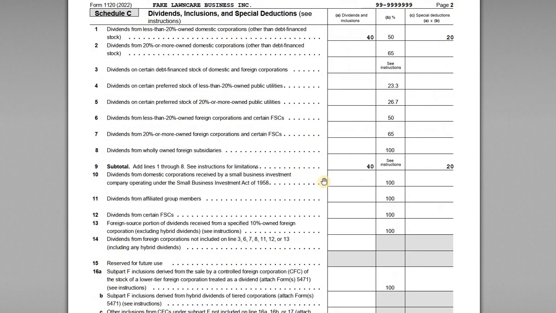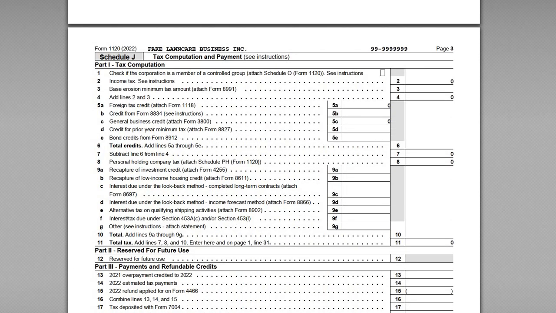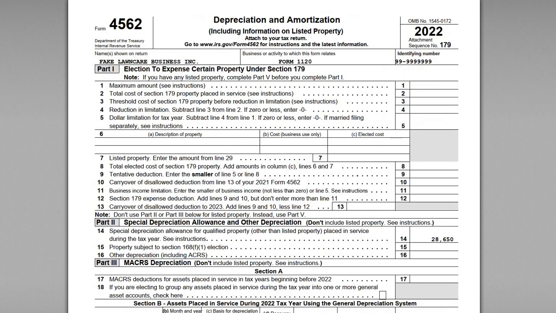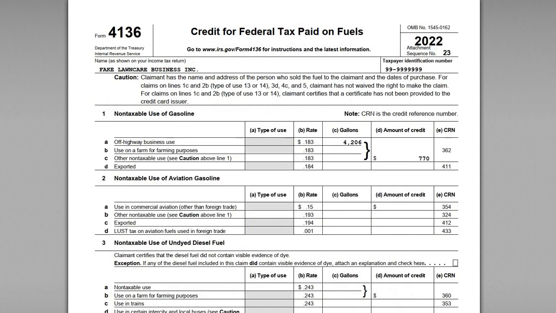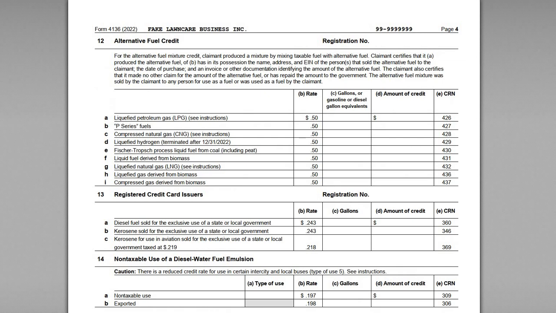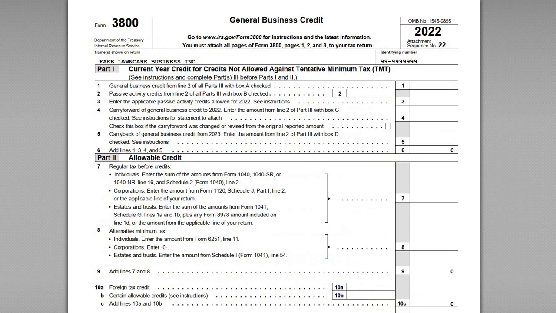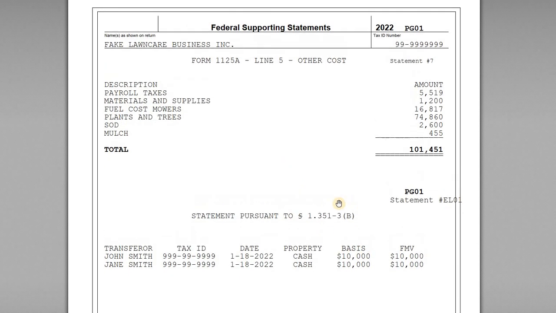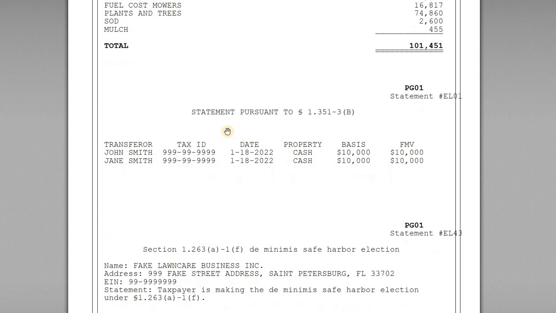All right, so next I want to talk about the Section 351 statements. So if I scroll through here, let me find the election statement. It's our depreciation, credit for fuel taxes, work opportunity credits. All right, should be in our supporting statements. Okay, so this statement pursuant to Treasury Regs 1.351-3B. What is this?